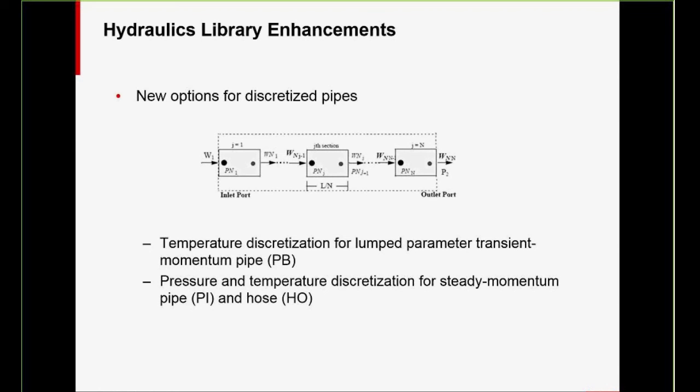Now there's optional temperature discretization for that as well. For the steady momentum pipe PI and the steady momentum hose HO, there's now an option for pressure and temperature discretization. This allows the user to model a temperature profile within a single pipe component.